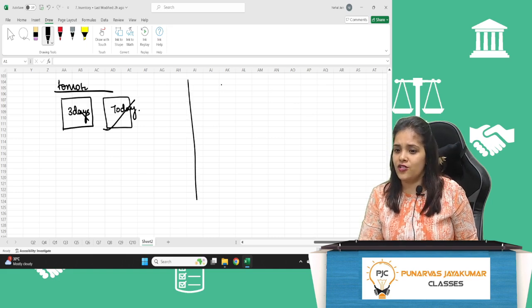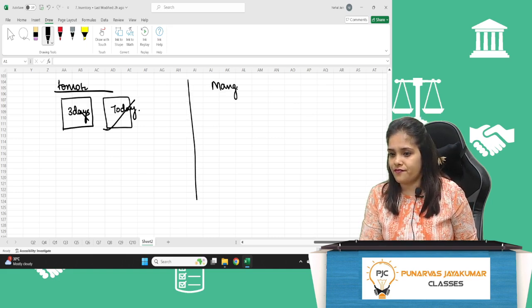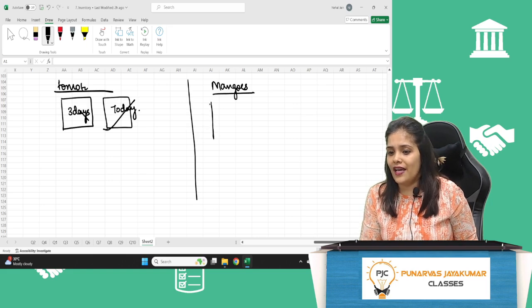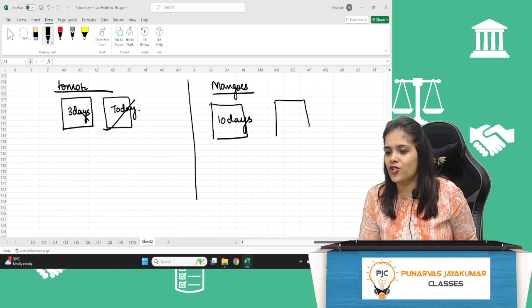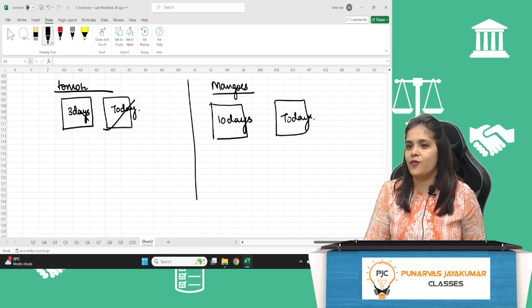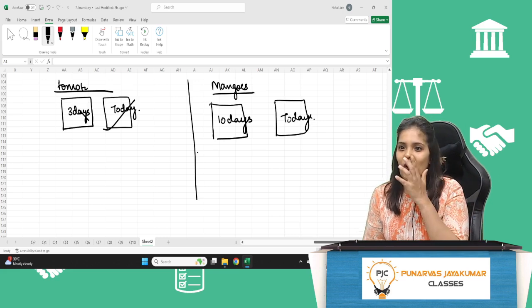Now, second situation, he has mangoes. He has mangoes which came in 10 days ago, and he has mangoes which came in today. When you go to buy mango, which lot would you prefer, from 10 days ago?